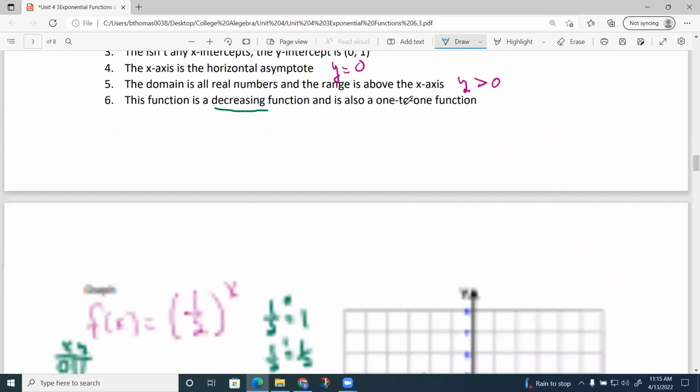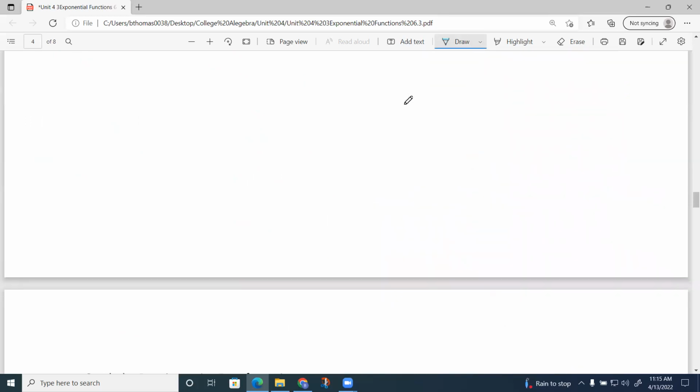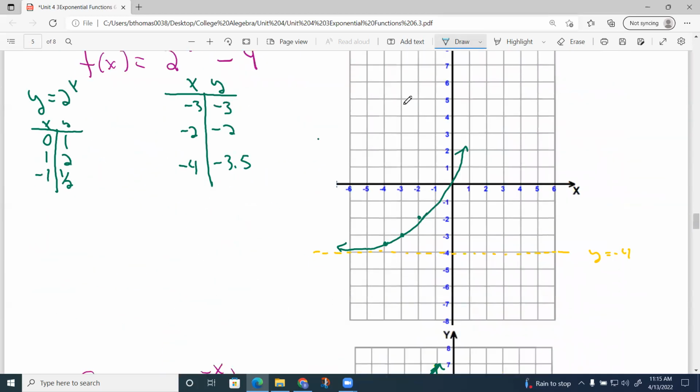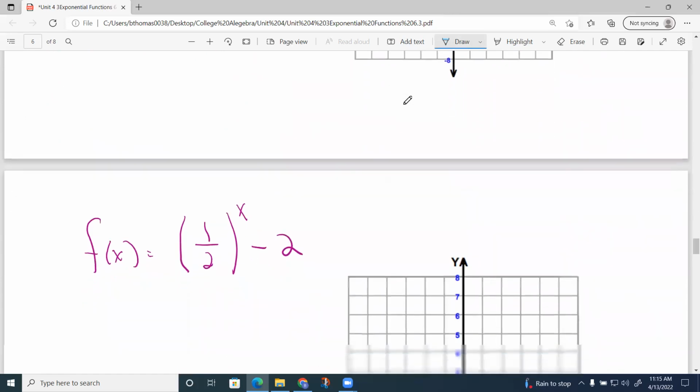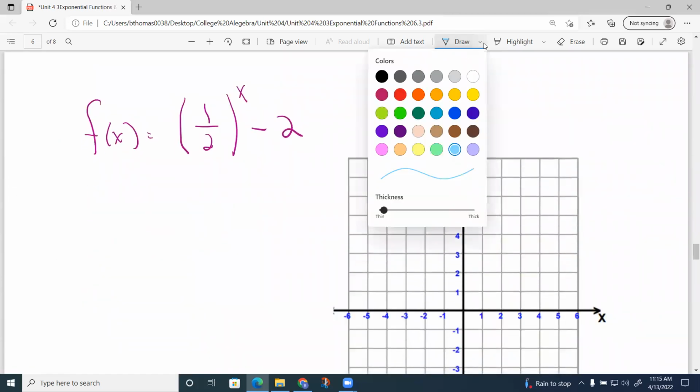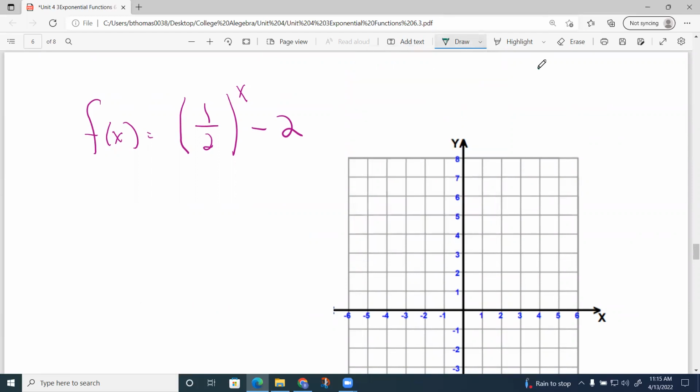See if I can find my spot again down here. So if I want to graph this function here, notice that our parent function is going to be y equals (1/2)^x.